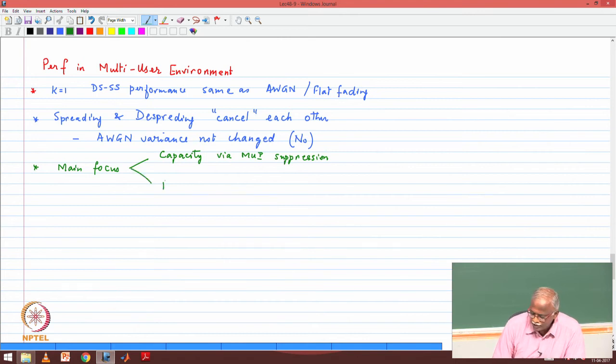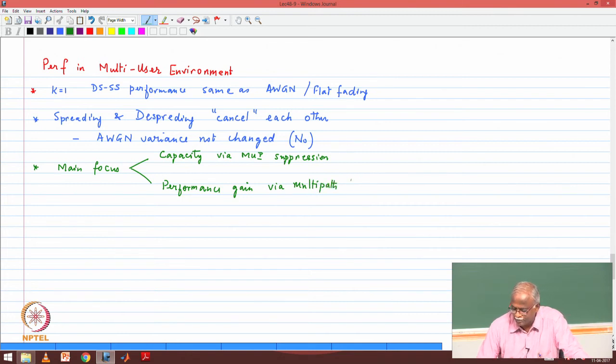And of course, there is a performance gain if I have dispersive channels, performance gain because of multipath resolution. Okay, so that is why we are interested in direct sequence spread spectrum, because it gives you multipath resolution and the rake receiver will combine it, giving you a form of diversity. So, the combination is that I have spreading, which will help me work with multi-user interference. Because it is a spread spectrum wideband signal, I get the benefits of diversity.